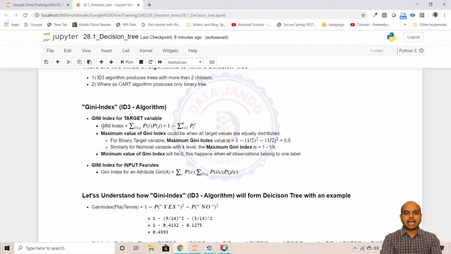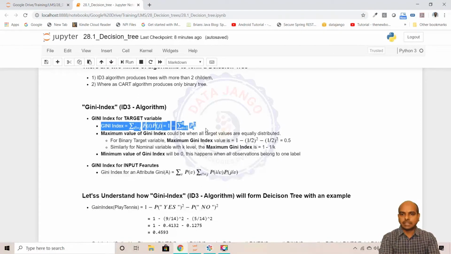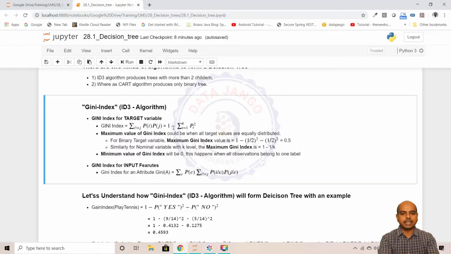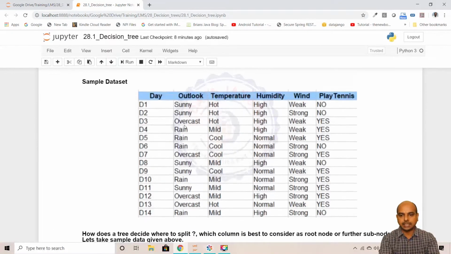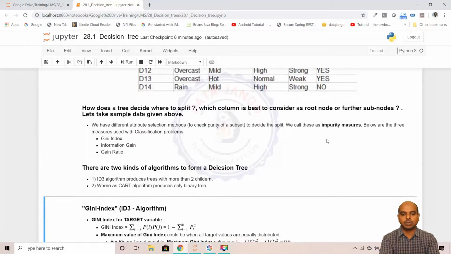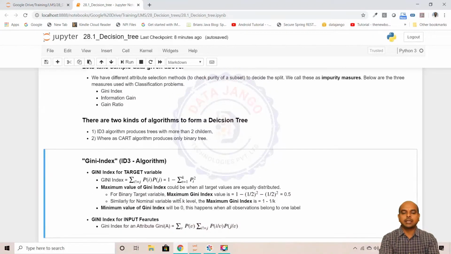For Gini index, to calculate the Gini index for the target variable, this is the formula: 1 minus sigma t equal to 1 to k p_t square. That is, if there are k classes in your data set, here in this case 2 classes, yes and no, then to calculate the impurity or the Gini index of the target variable, it is 1 minus probability of yes square minus probability of no square.